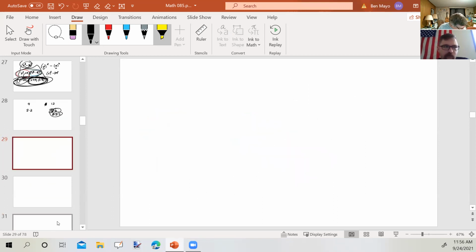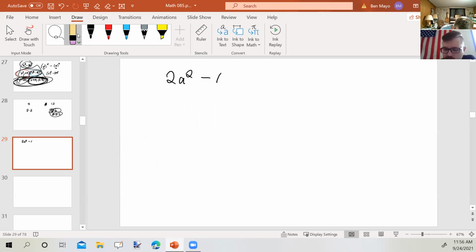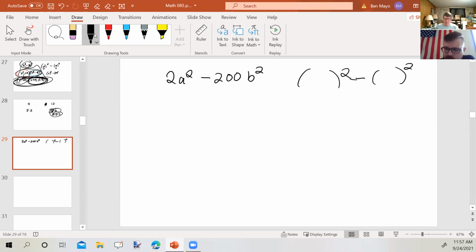Let's see here. How about this? This is a binomial. Is it the difference of 2 squares? Well, 2a squared isn't really a nice number squared, is it? 200.